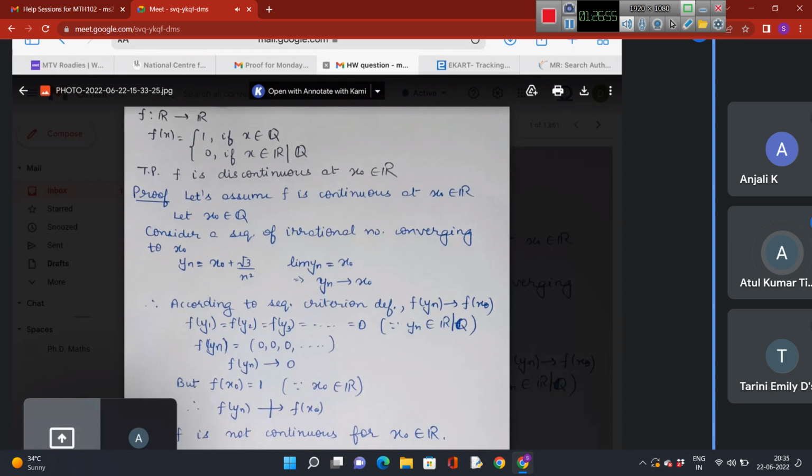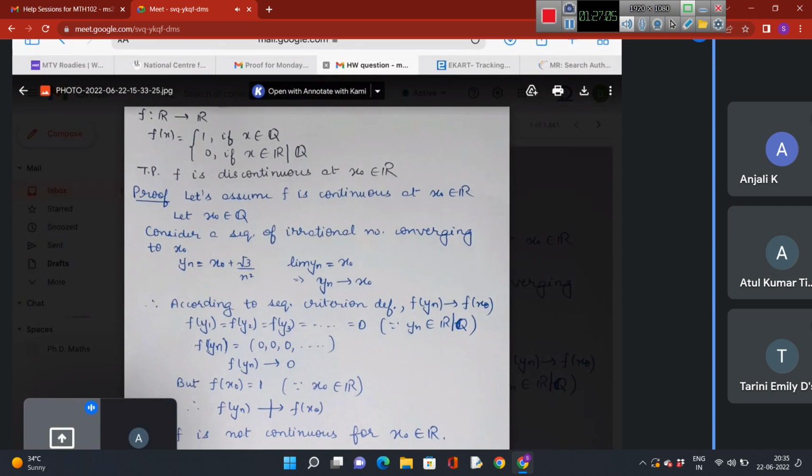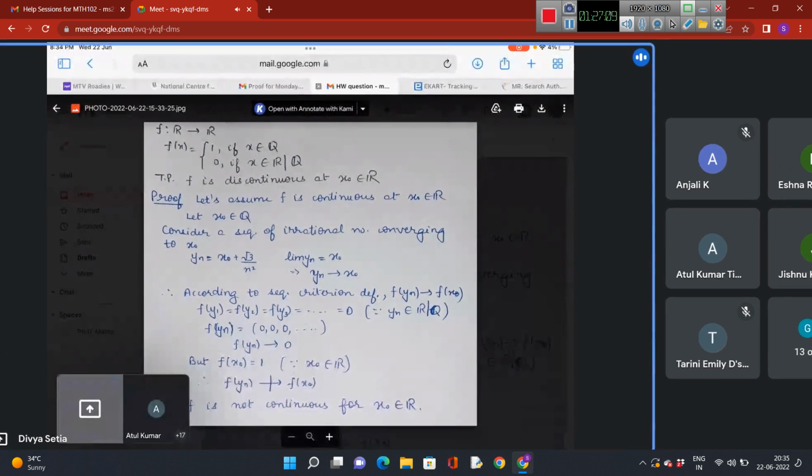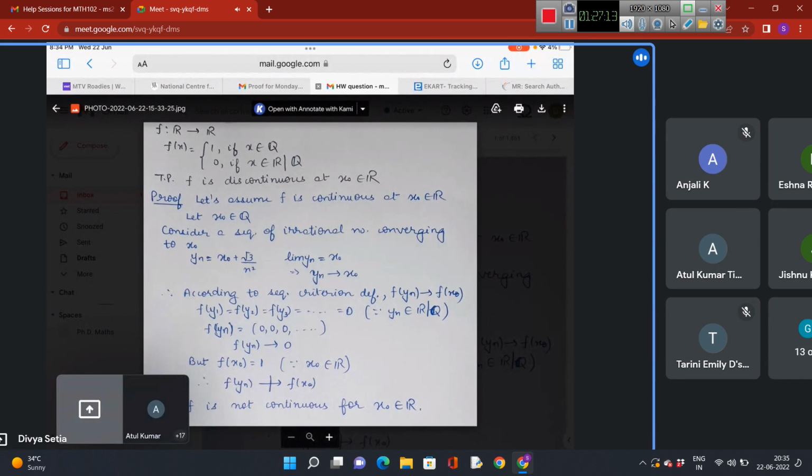Since there are only two functional values, 1 and 0, the functional value can be either 0 or 1.